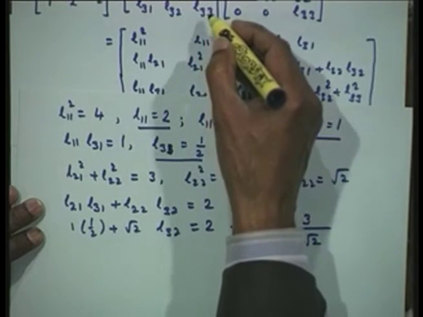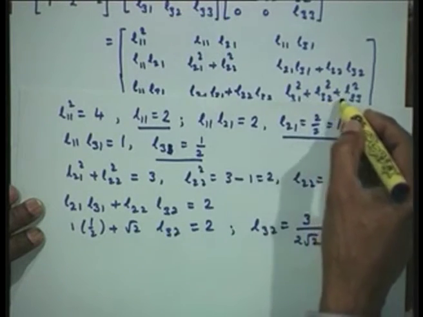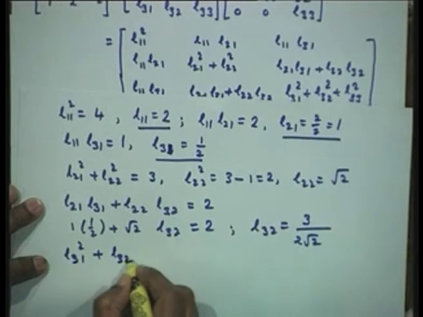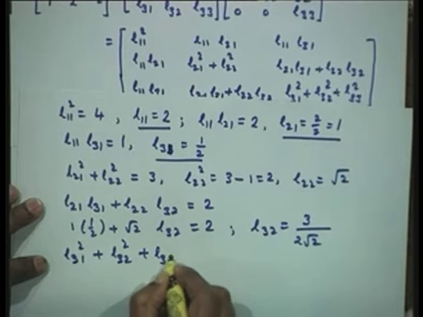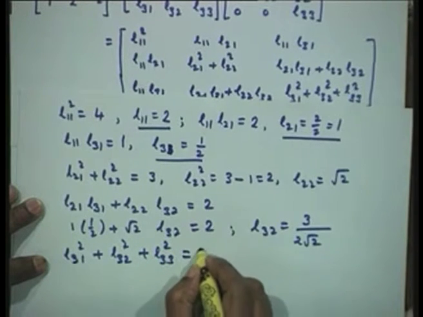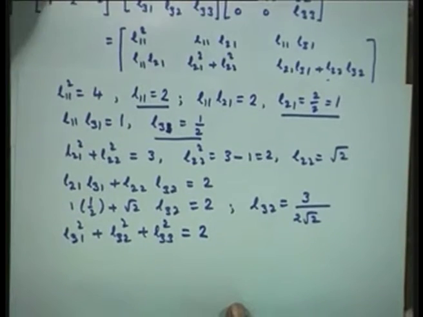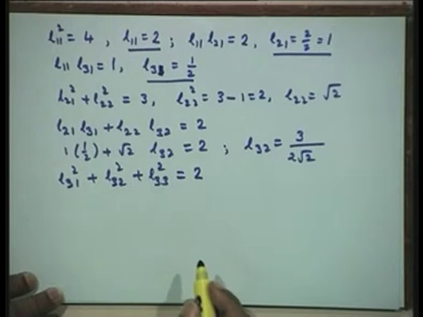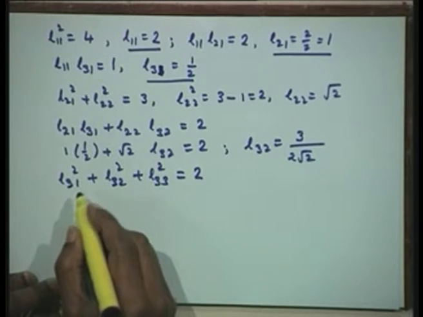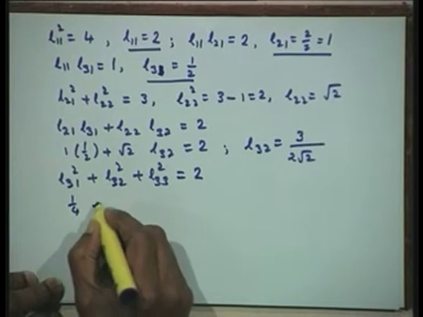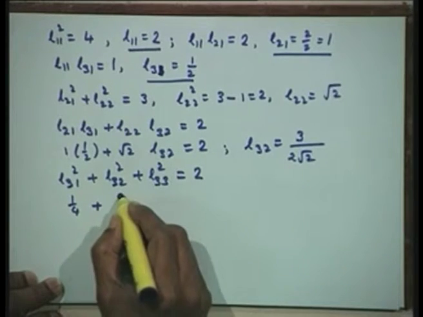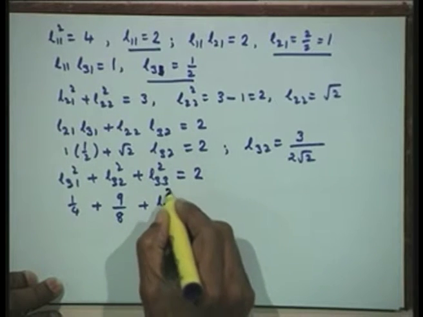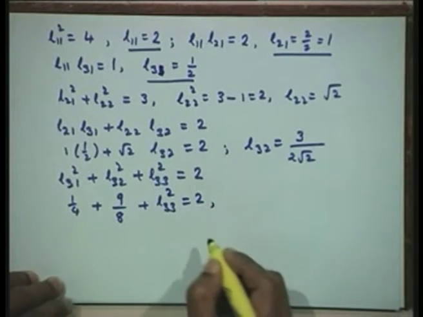So, we go to the third column, that is the third element. We will have to take the last element over here, that is L31 square, L32 square, L33 square is given as 2. Now, let us substitute the values. L31 square is 1 by 4, L32 square is 9 by 4 into 2, that is 8, plus L33 square is equal to 2.